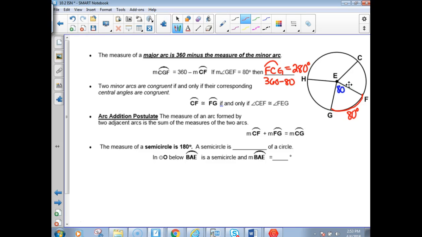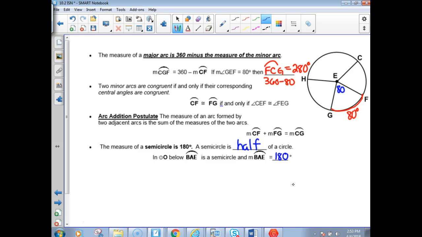If I look at the picture, you've got arc CF and arc FG. If you put them together, you get arc CG. That's all it's saying, adding arcs. Nothing earth-shattering. Now, a semicircle is half of a circle, so its measure is 180 degrees. In the circle with center O below, arc BAE is a semicircle, so the measure is 180.